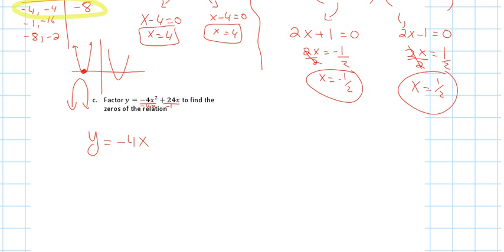Okay? So what do I have left if I divide by negative 4x? It's just x. What would be for the second term? What's 24 divided by negative 4? What's x divided by x? They cancel each other, right?